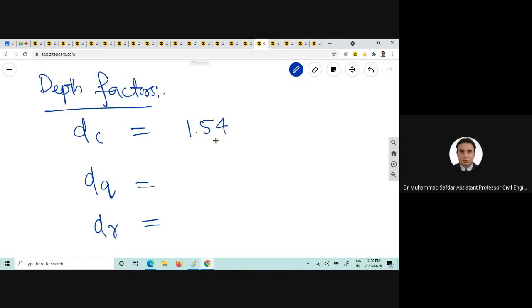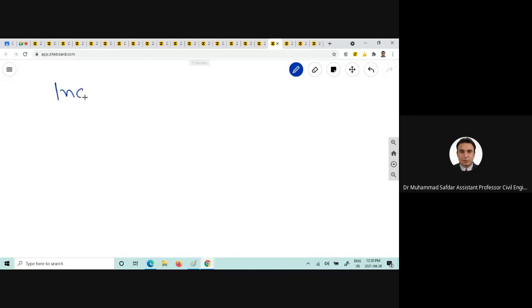And Dq and D gamma, सर दोनों की एक ही वैल्यू है 1.27. Okay, now we will find out the inclination factors.